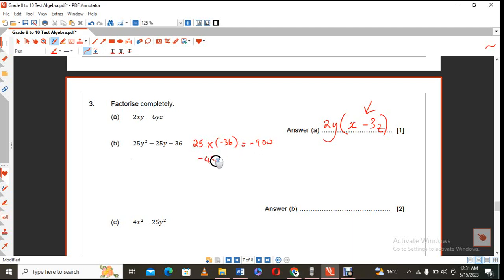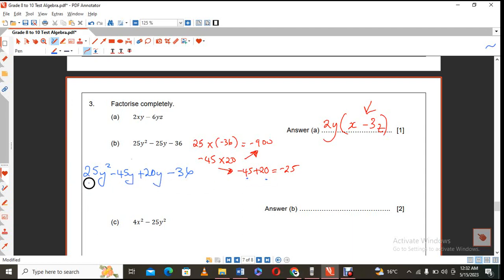And negative 45 times 20 gives you this answer, and negative 45 plus 20 gives you negative 25. What is this answer here in the middle? Okay, so I'm just going to go ahead then, and I'm going to write that as 25y squared, then I have minus 45y plus 20y minus 36. It's all up to you which one you want to write first here.